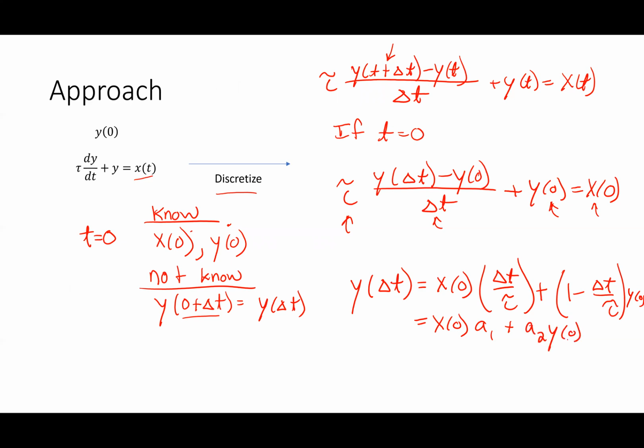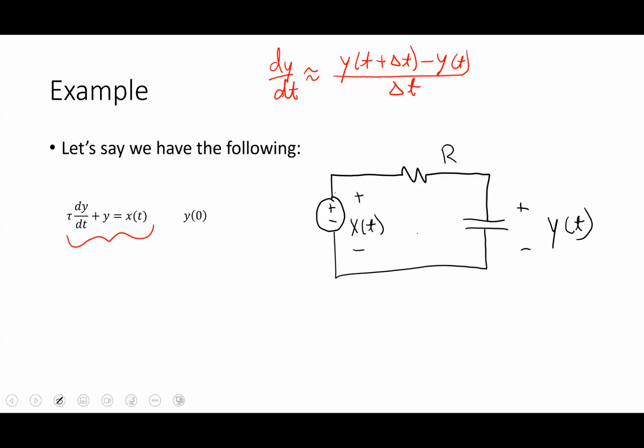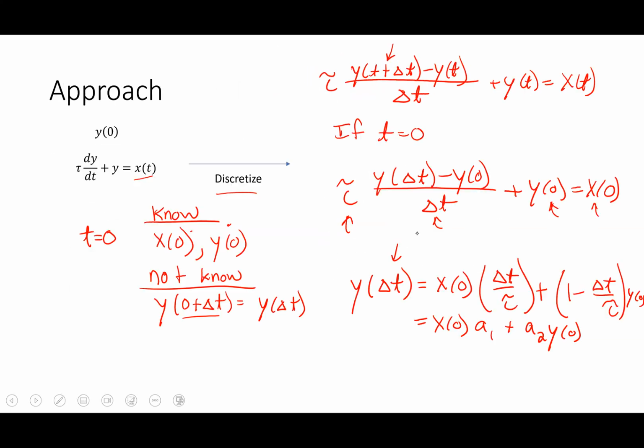I like that in a way because it actually makes the differential equation make a little more sense to me. I can say the future value of the output, so if I'm thinking about the voltage on a capacitor, the value of that capacitor a little while from now is related to the input right now and the output right now.